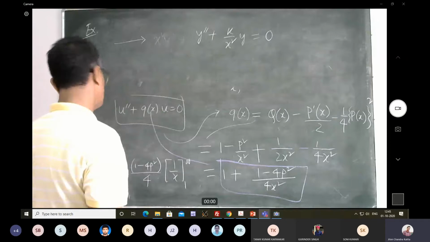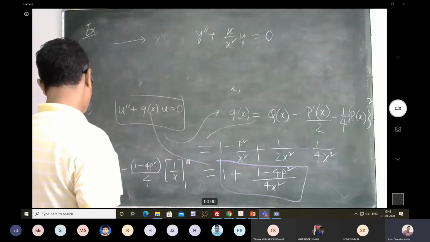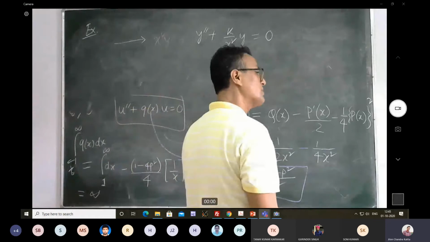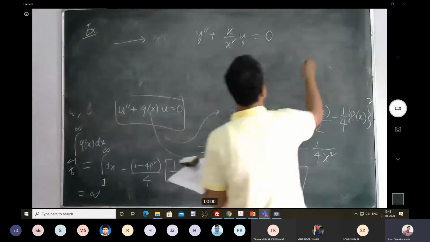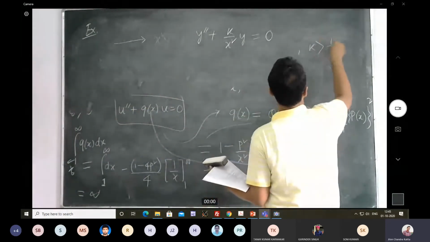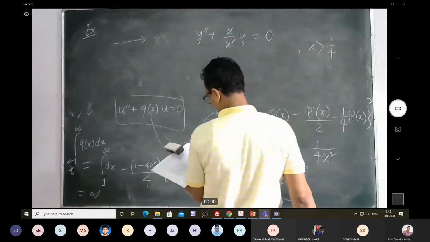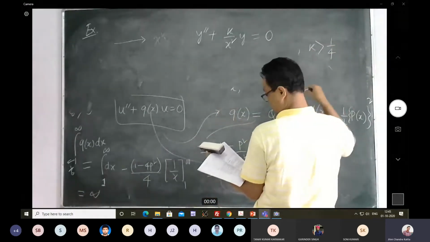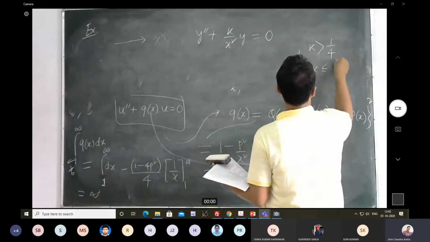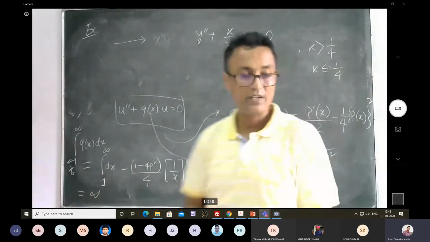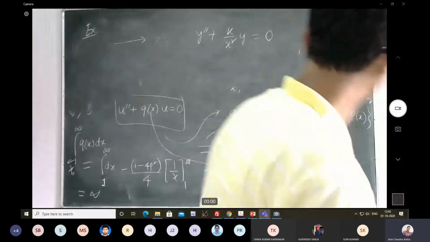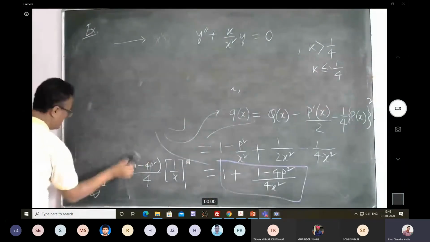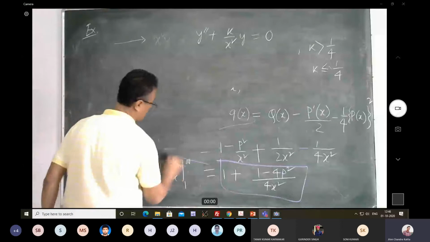Here you have to prove that every non-trivial solution has an infinite number of positive zeros if k is greater than 1/4, and only a finite number of positive zeros if k is less than or equal to 1/4. So the exercise is about, this is nothing but the Euler equation, this kind of Cauchy-Euler equation.